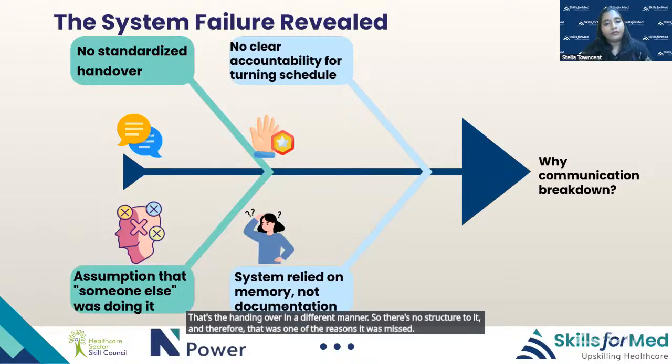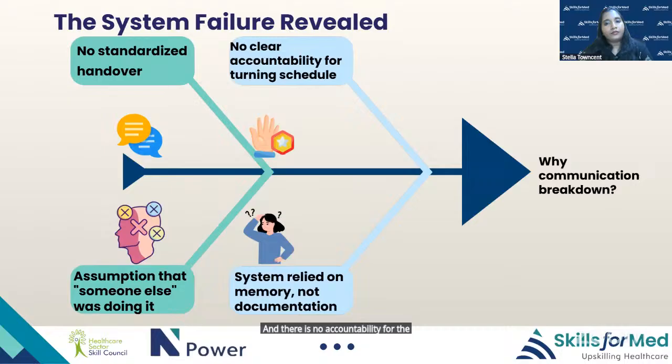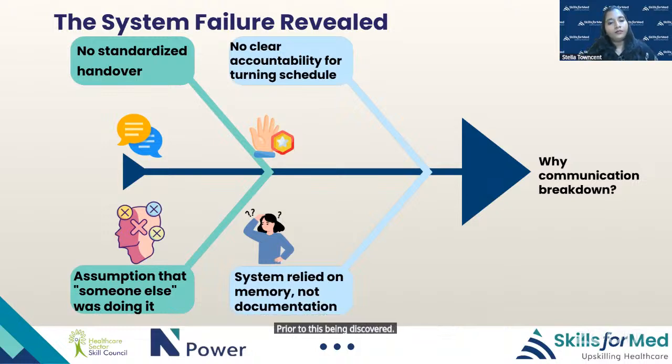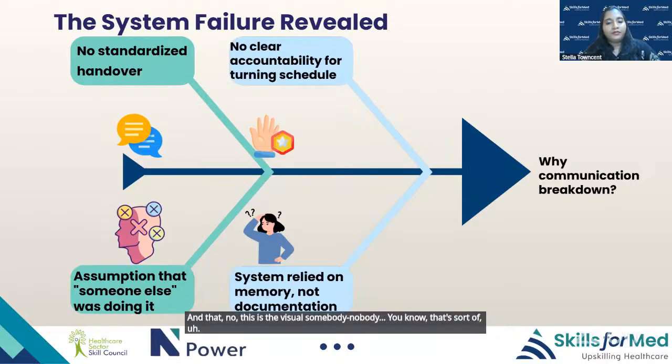And there is no accountability for the turning schedule. Okay, it is not in the handing over, so why did the nurses not do the turning in that shift prior to this being discovered? Nobody is really accountable. Everybody was saying, yeah, I thought the other person will do it, and that is the usual somebody-nobody story which goes on.